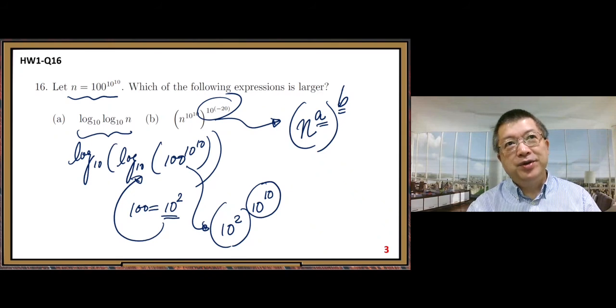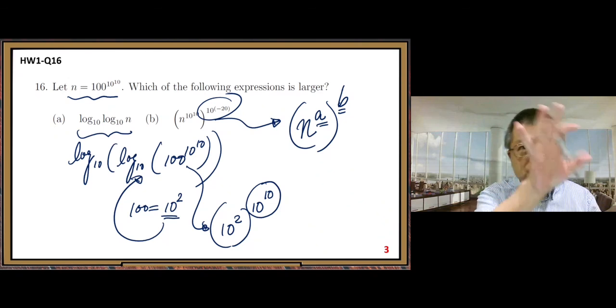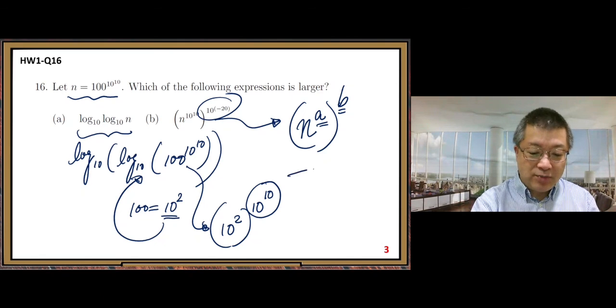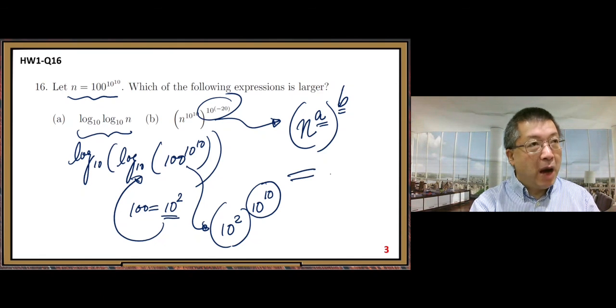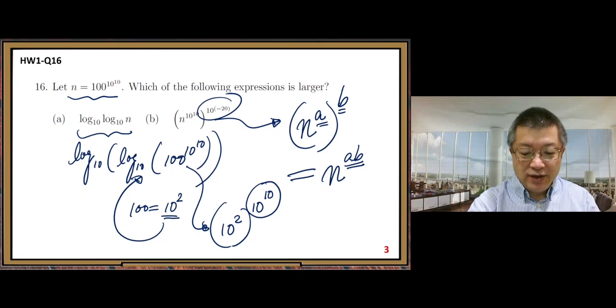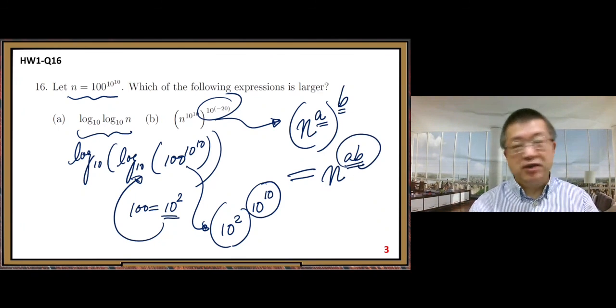If we use variables to represent those exponent numbers, then we have that. That's based on the power function property: a times b, the product of the two exponents. So that will be much easier, right? So you can simplify it.